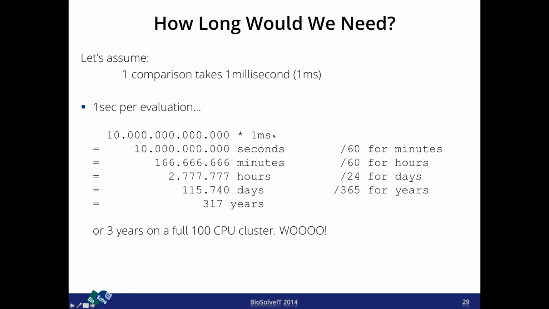But first we chop off the first 3 digits to arrive from milliseconds at seconds, then minutes, hours, days. Well, overall, if I did my computation right, I am arriving at 317 years for the computation of 10 to the 13th similarity computations. That essentially translates to 3 years on a full 100 CPU cluster. That's pretty long, usually prohibitively long.